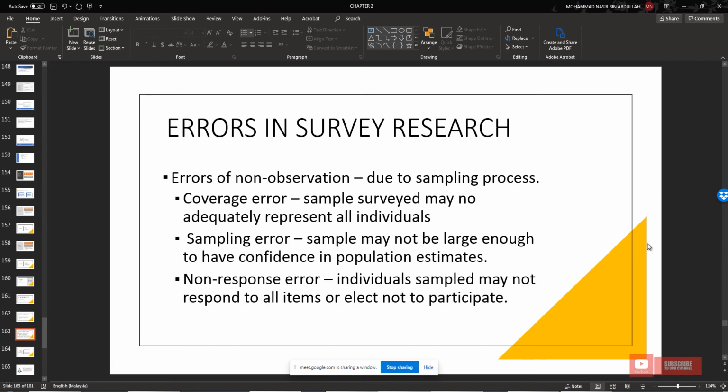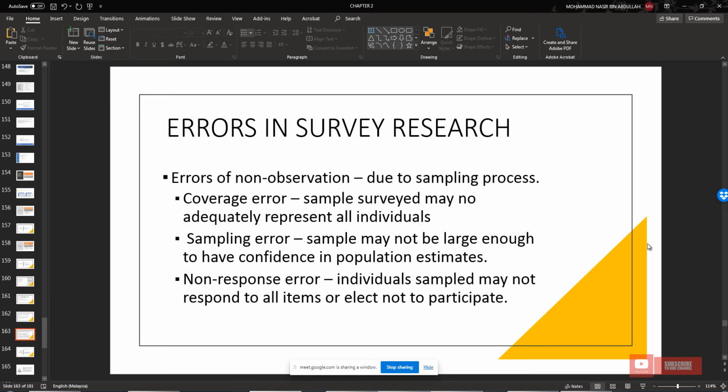So next, for non-observation, this is another error. Due to the sampling process, non-observation means that you will leave out the non-observed respondents, maybe due to coverage error. Right, a sample survey may not adequately represent all individuals. So at this stage, the sampling design is the most important part, right?